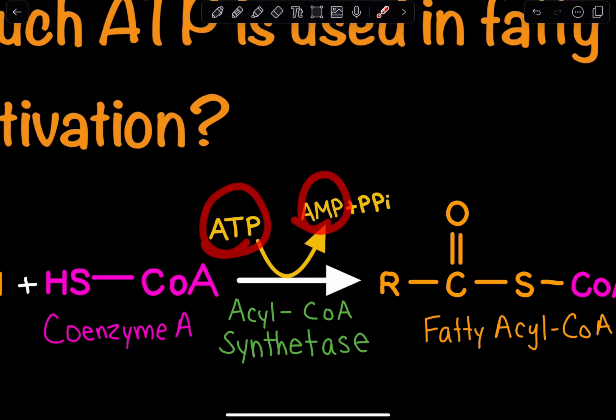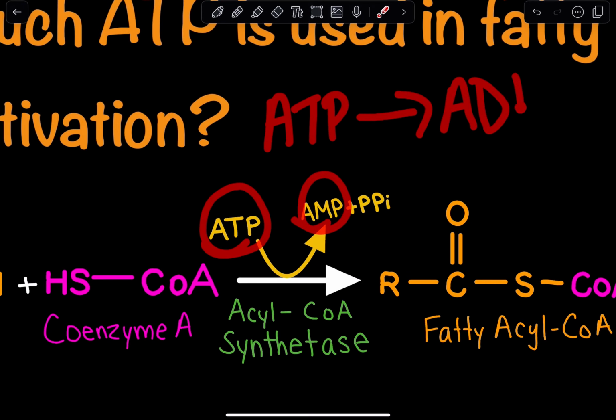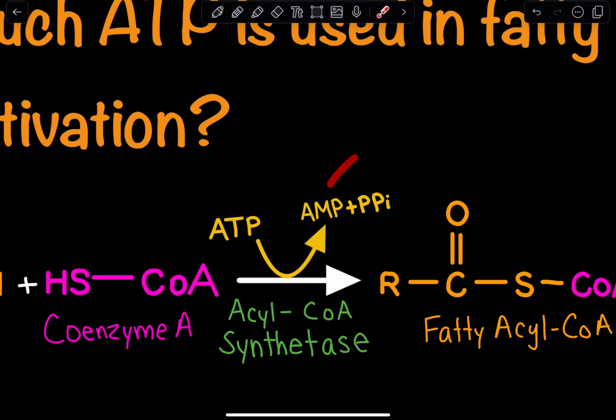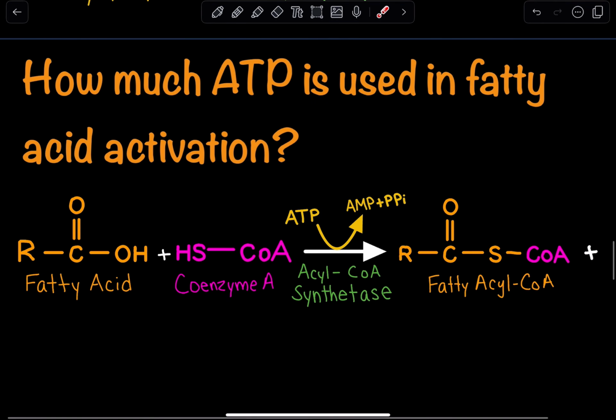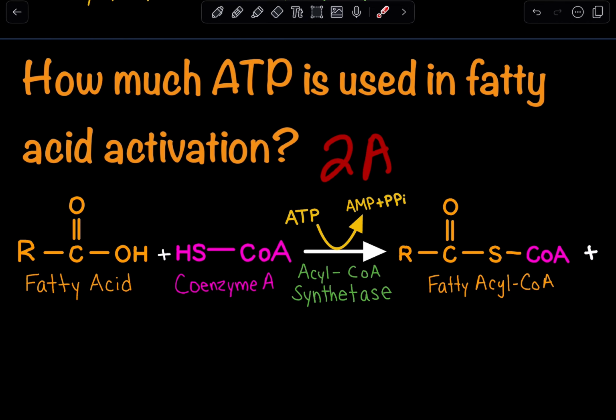So instead of going from ATP to ADP, which is the equivalent of using 1 ATP, we are going to AMP. And going to AMP is equivalent to 2 ATP equivalents. So how much ATP is used in fatty acid activation? 2 ATP equivalents are used because we are going from ATP to AMP.